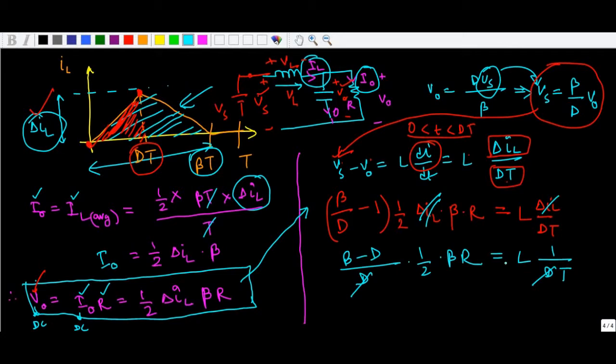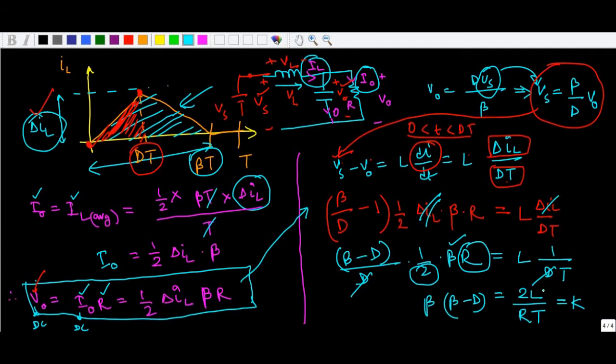We take this 2 on this side, we get 2L, and we take this R to the right hand side, so we get R in the denominator, and T is nothing but, here we have left a beta and a beta minus d, so we have beta into beta minus d. We know that this 2L by RT term is nothing but the conduction parameter k.